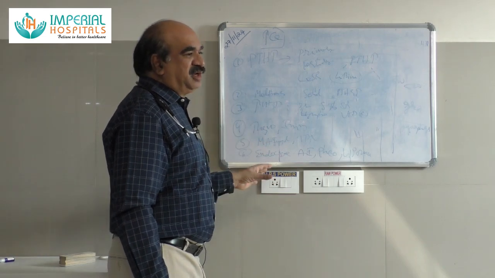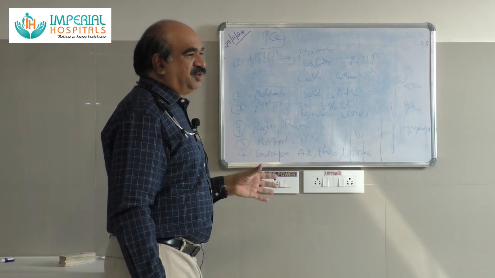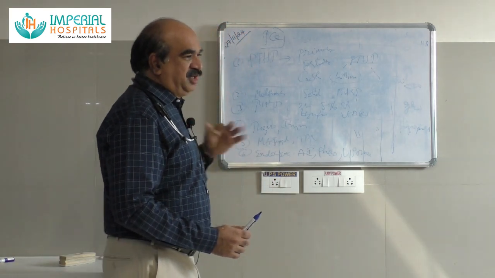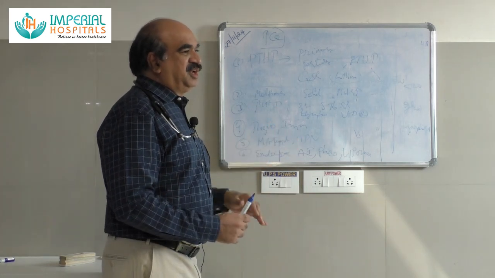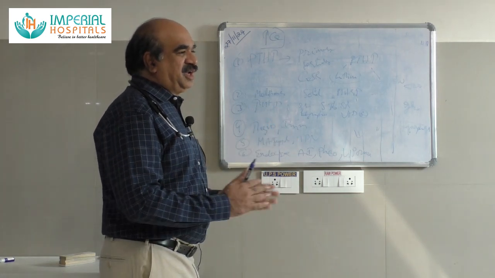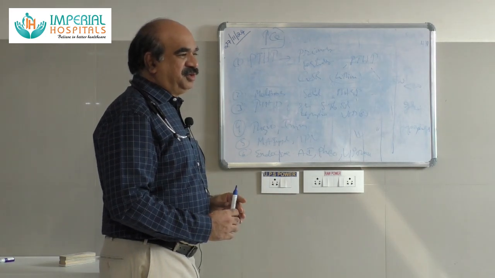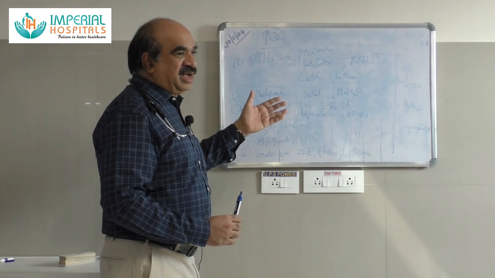If there is complete adrenal gland involvement, glucocorticoid levels will be low. What is the action of glucocorticoid on calcium metabolism? So steroids, do they increase calcium levels or decrease calcium levels? We will give steroids in hypercalcemia. One mechanism is that glucocorticoids decrease calcitriol formation.